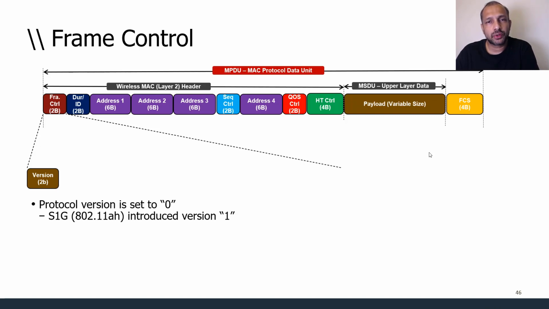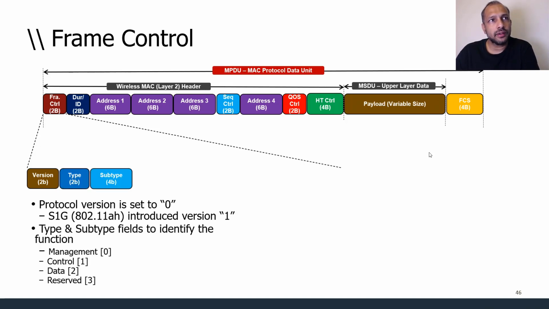Sometimes if you read the 2020 IEEE standard, you will see the reference PV0, which means protocol version 0, meaning all the Wi-Fi frames which we know of. For sub 1 GHz, they introduced protocol version 1. So just keep an eye on that protocol version field. But in all the wireless we are discussing, that field will always be 0.